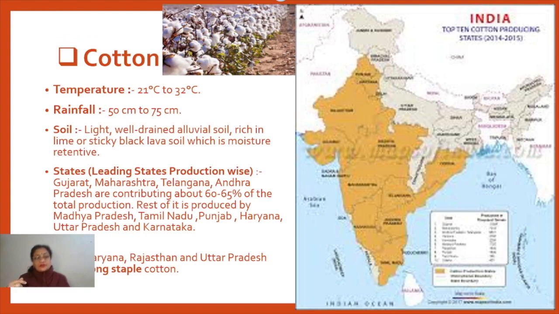When the crop is ready to be harvested, before that, until the time the pods, the cotton balls, are there in the field, at that time there should not be any rainfall. If rainfall occurs, that will destroy the crop.